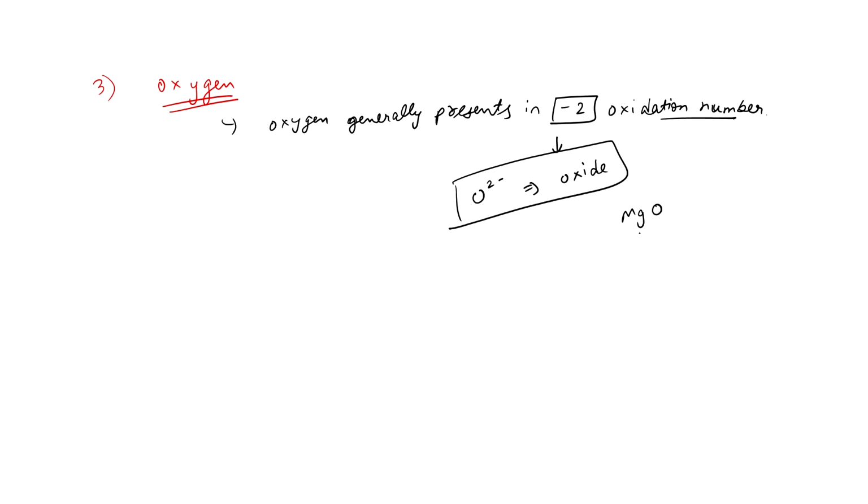You have seen MgO, Mg carrying a +2 charge and O carrying a -2 charge, called magnesium oxide, and CaO, calcium oxide. Oxygen normally has a charge of -2 because, in general, oxygen needs 2 electrons to fulfill its octet. So it is generally present in the -2 oxidation number, and that is called oxide.